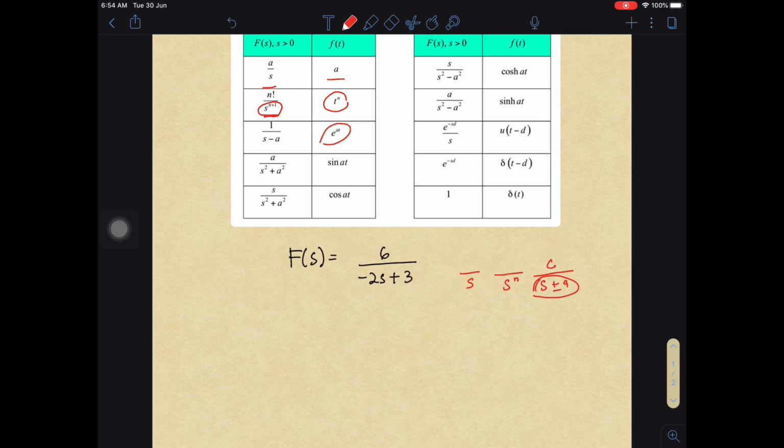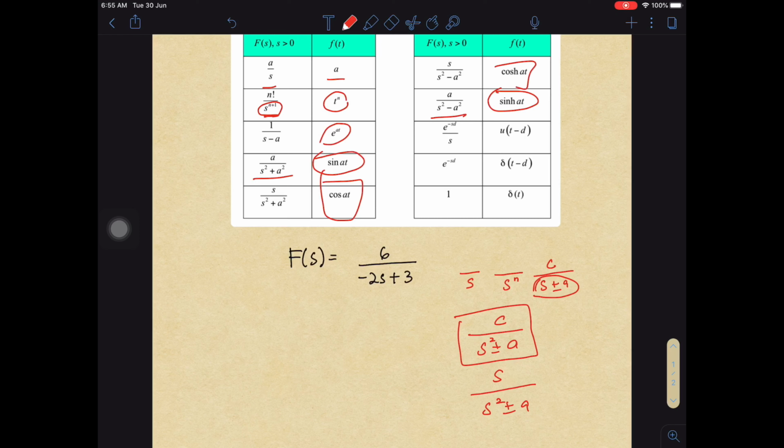If you have in the denominator s squared plus or minus any constant and the numerator is a constant c, this will be related to either sine at or sine hyperbolic at. If the denominator is s squared plus or minus a but the numerator has s, it will be related to cos and cos hyperbolic.